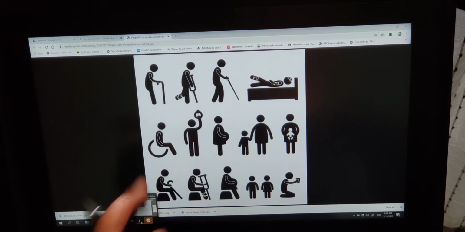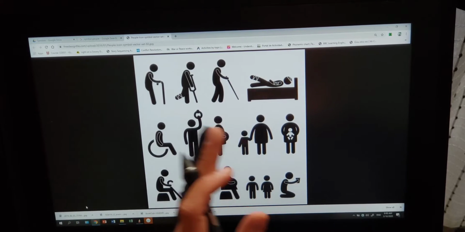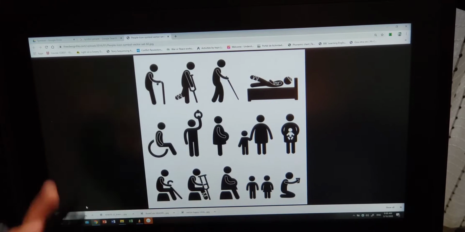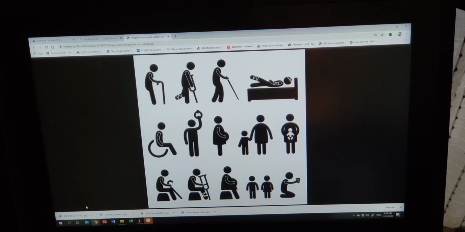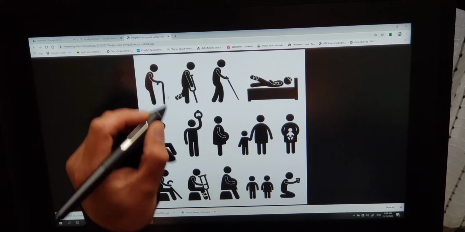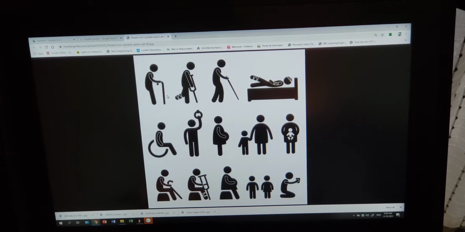If you see this picture over here, you can recognize all of this, but there are simple ways of drawing one action, one term, one idea. For example, this may represent an old person.